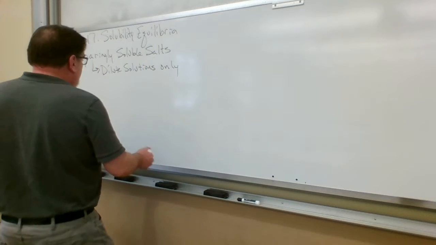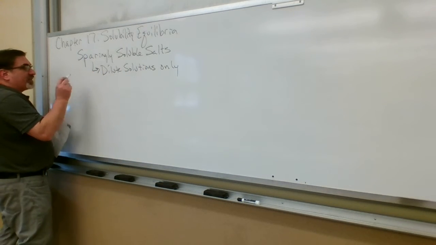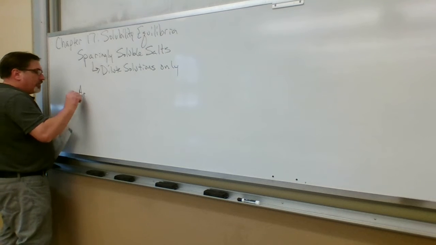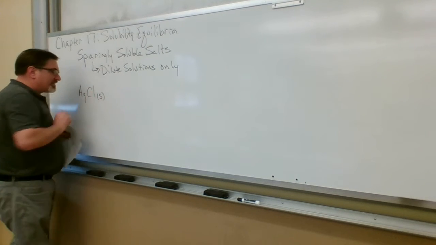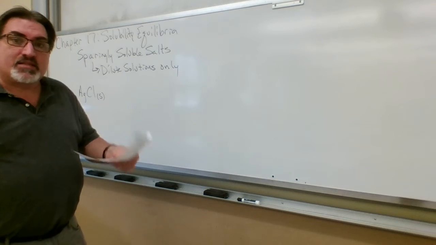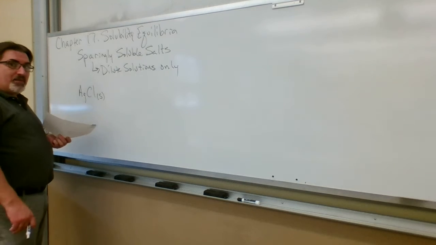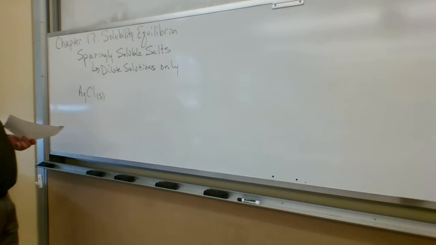So for example, one of the classic first compounds that you deal with in terms of solubility equilibria is solid silver chloride, AgCl. And solid silver chloride is not soluble in water. It was not one of those compounds that was listed as soluble in your solubility rules.